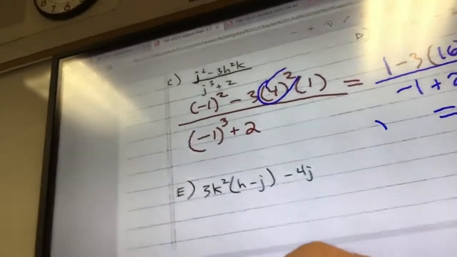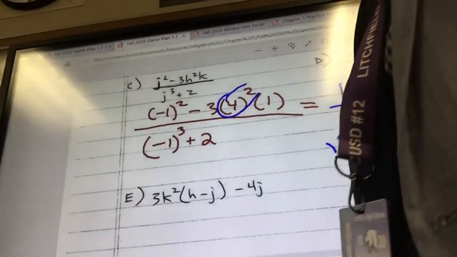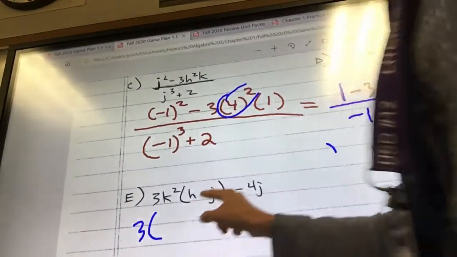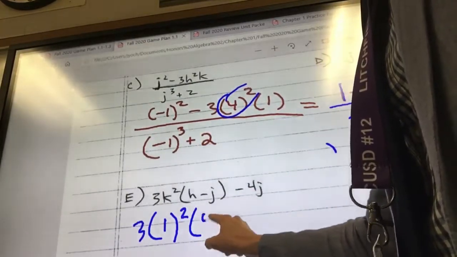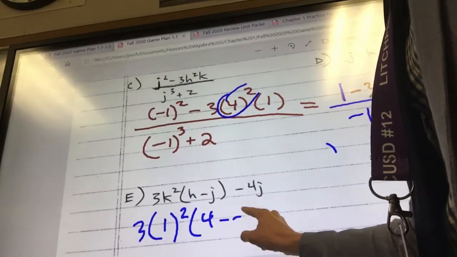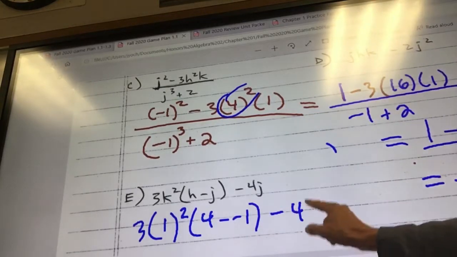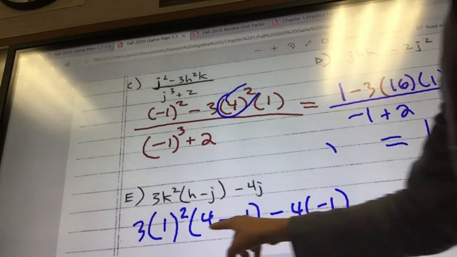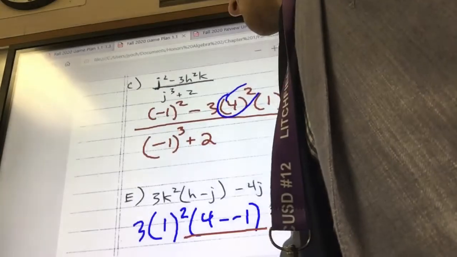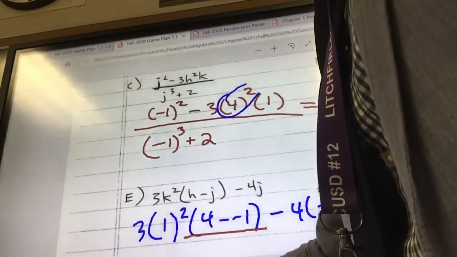And let's talk about E. Do we have enough room for E? We're going to find out. On E, we got 3 times, what's K again? 1 squared. Times H, what's H? 4. Minus J, J is a negative 1. Minus 4 times a negative 1. All right. Order of operations says handle those parentheses first. Now, I can also, see this 1 to the second power? That's just 1.